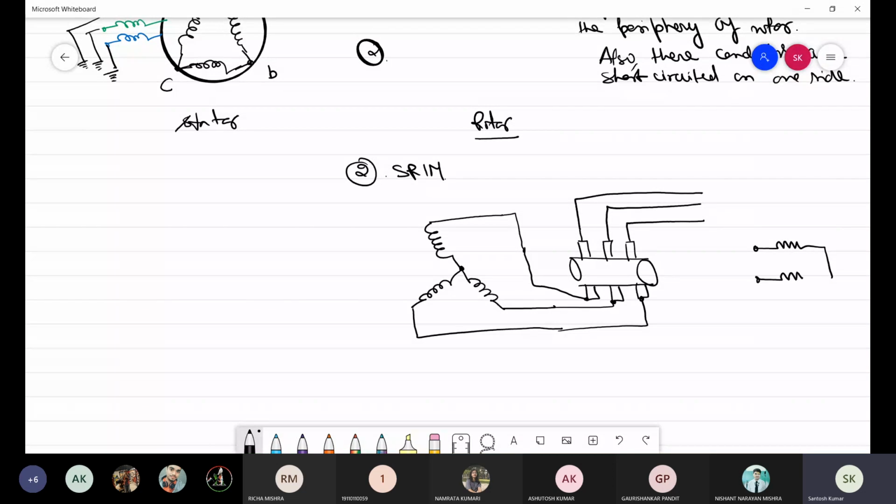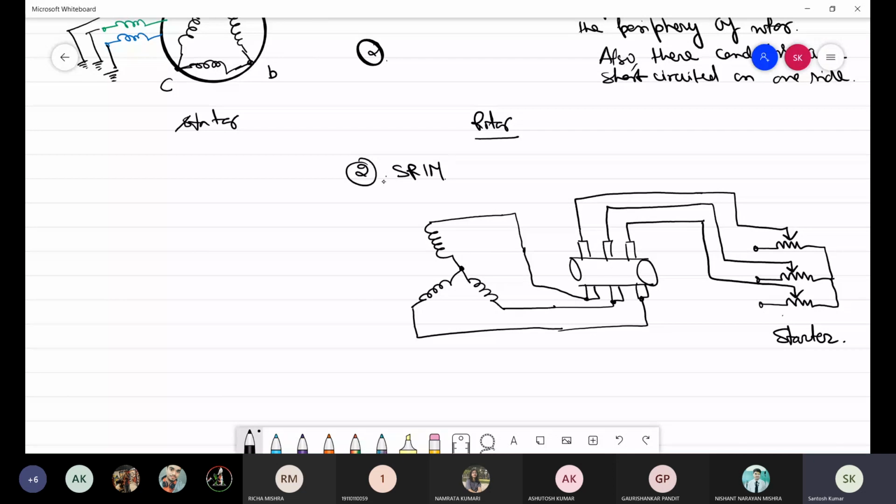It is connected to the starter. This is the starter.